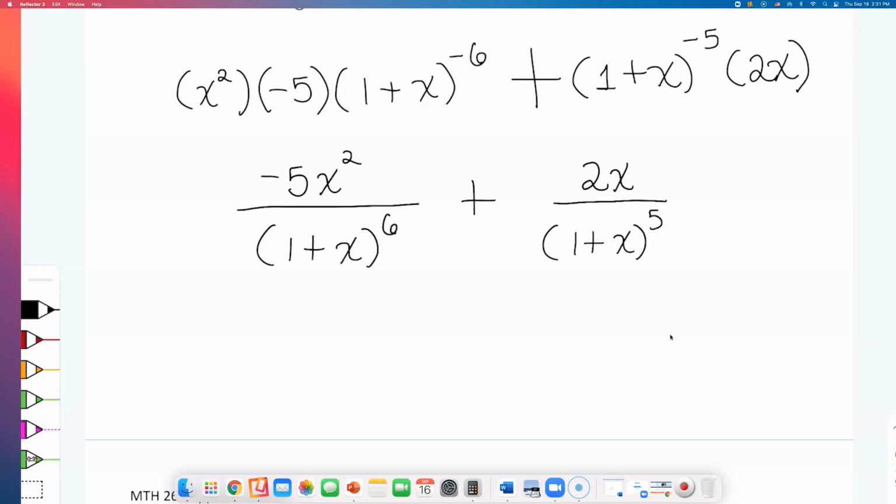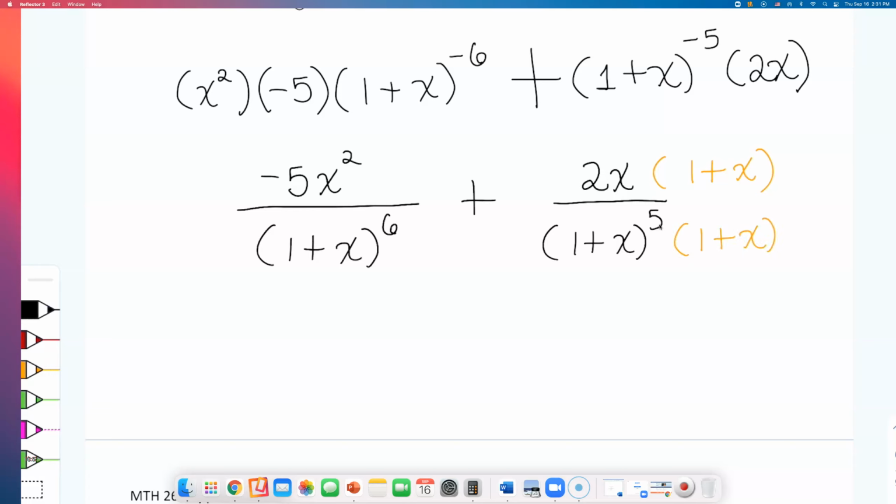This is an answer, but how about we put them together in a single fraction? Because denominators are very, very close. You notice they both have the base of 1 plus x, but this one has one more, right? 1 plus x to the 6th power, while this one has 1 plus x to the 5th power. So what I will do is I will multiply the top and bottom of my second fraction by one more 1 plus x.